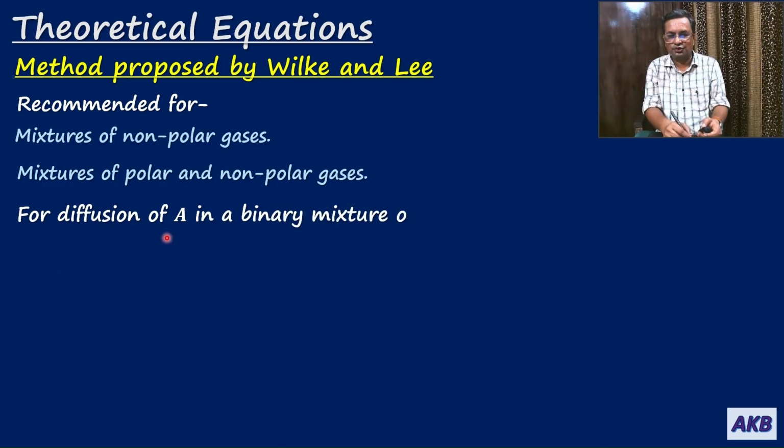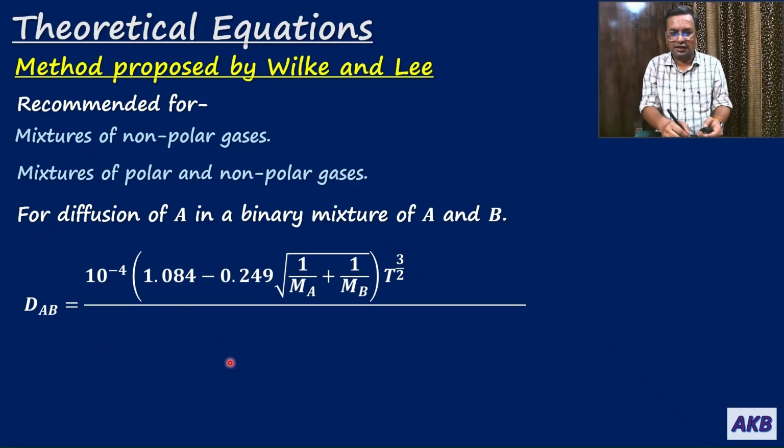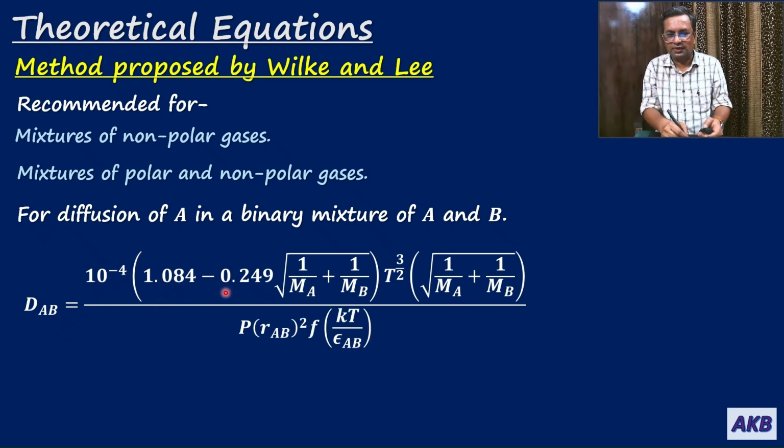So for diffusion of A in a binary mixture of A and B, these authors, Wilke and Lee, proposed this equation for finding the diffusion coefficient. The equation is DAB equals 10 to the power minus 4 into (1.084 minus 0.249 into square root of (1/MA plus 1/MB)) into T raised to 3/2 into square root of (1/MA plus 1/MB), the whole thing divided by P into RAB squared into a function of kT by epsilon AB.